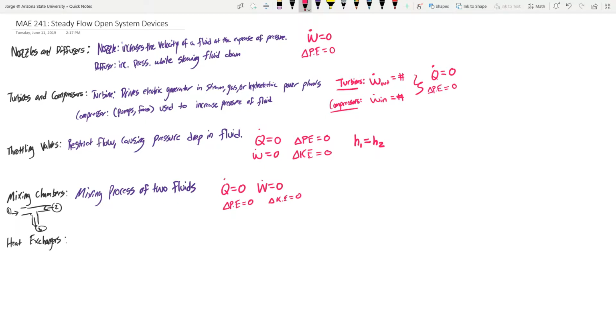So finally, we get to heat exchangers. So these are devices where two moving fluid streams exchange heat without mixing. So you can say two moving fluids exchange heat without mixing.